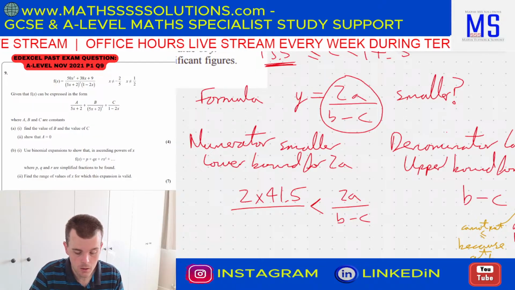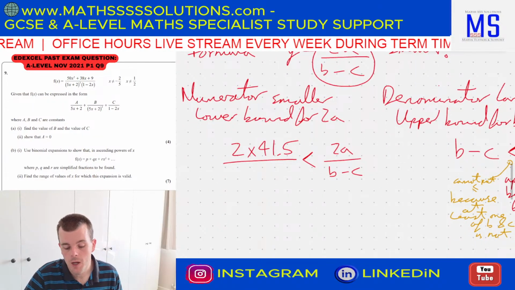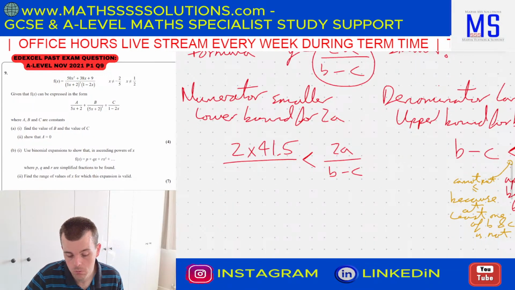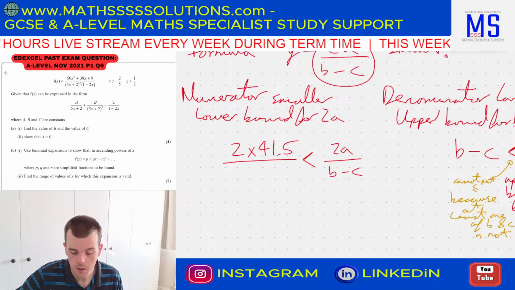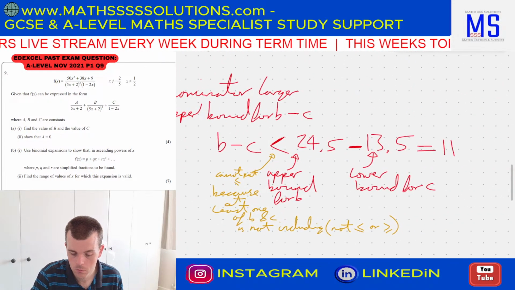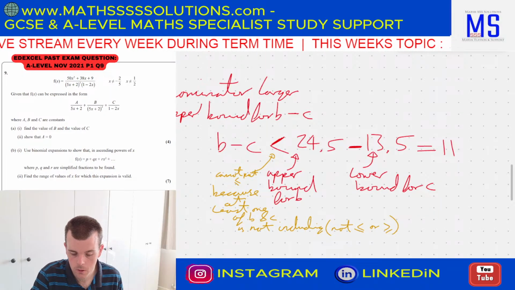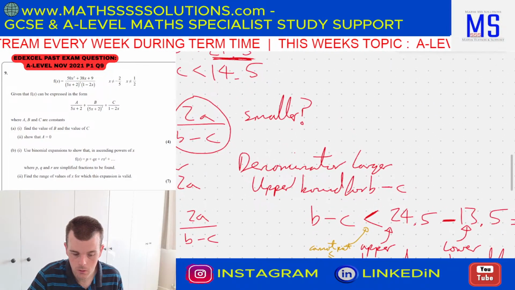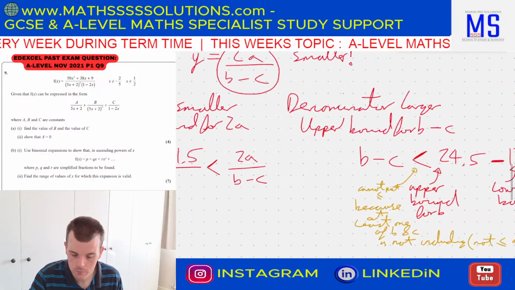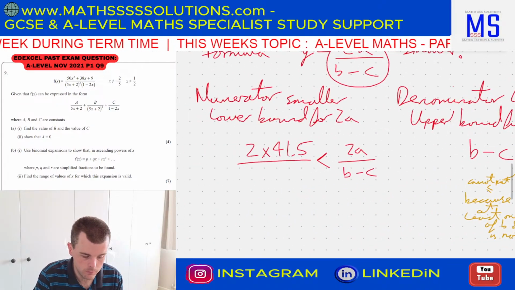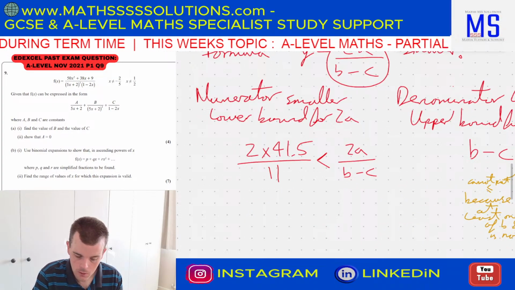And as we've said, to make the fraction as small as possible, you need to make the denominator as large as possible. So we need to make b as large as possible, 24.5, and c as small as possible, 13.5. So yeah, that became 11.